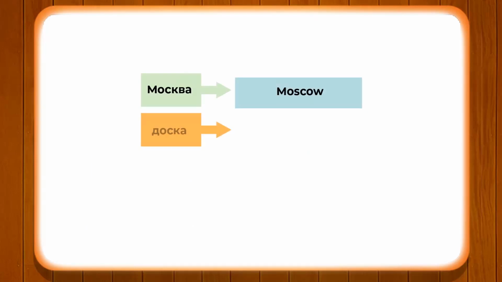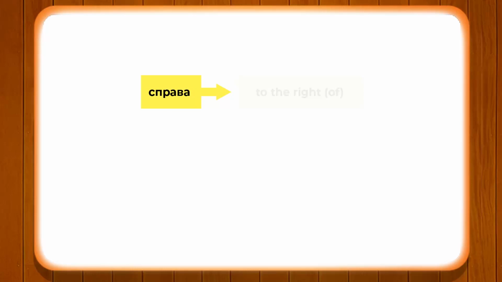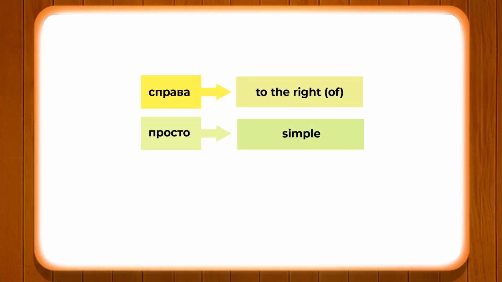So, Moskva is Moscow, doska means board, strana means country, toska means grief, sprava means to the right of, prosta means simple, and spasiba means thank you.